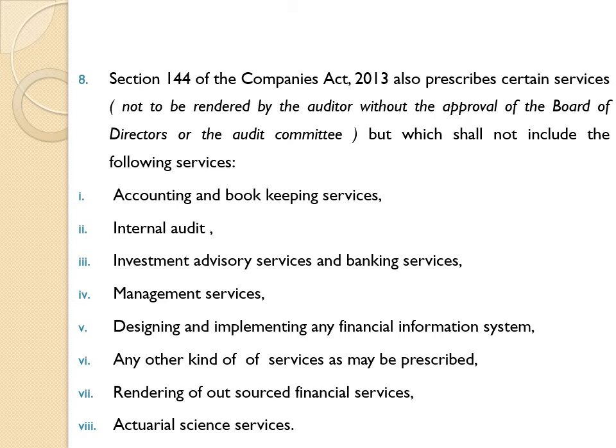It means that these services are not coming under the criteria of disqualification. So mostly we are focusing on 7 elements which are related mostly with the disqualification of auditor, and number 8 is an additional part of that.